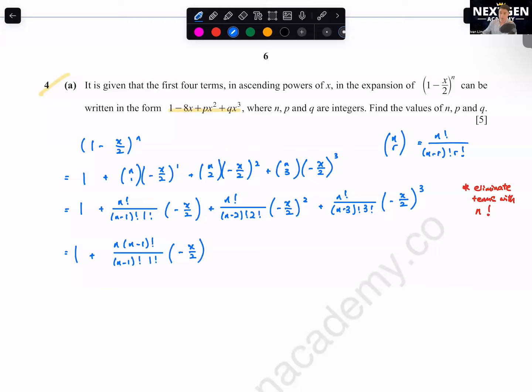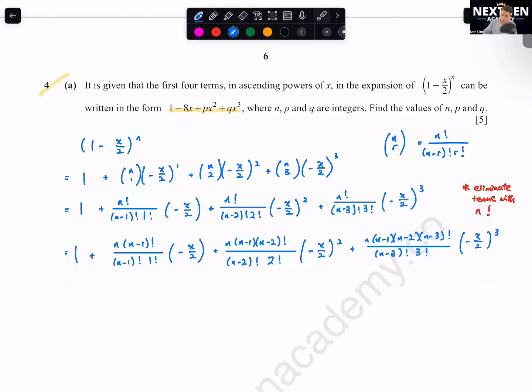We just focus on the n factorial first. The others I don't care first. Here, you will expand until n minus 2 factorial. So here, n minus 2 factorial, 2 factorial. Okay, then here, n minus 1, n minus 2, n minus 3 factorial over n minus 3 factorial, 3 factorial.